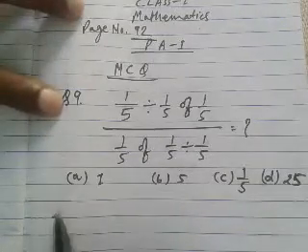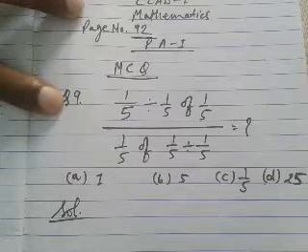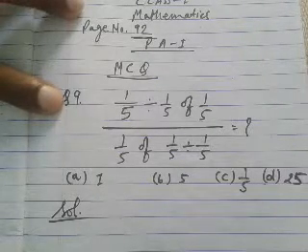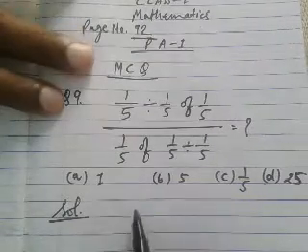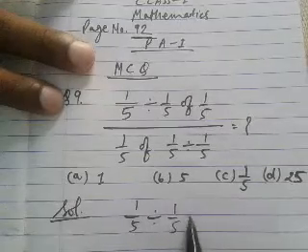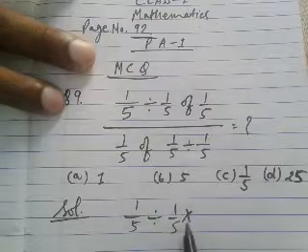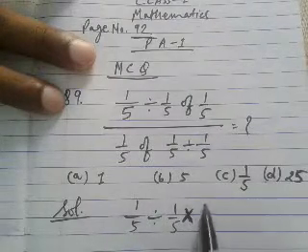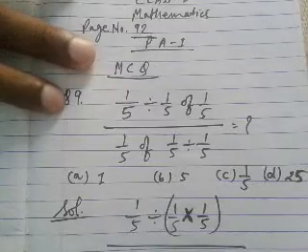So let us solve this question and try to find out the correct option for the given question. So 1 by 5 divided by 1 by 5 of; here "of" means multiplication, so "of" is replaced by the multiplication symbol, and "of" means within bracket this.